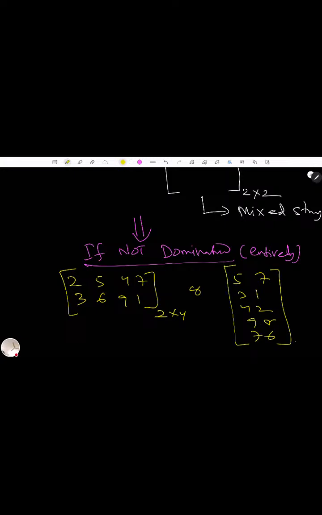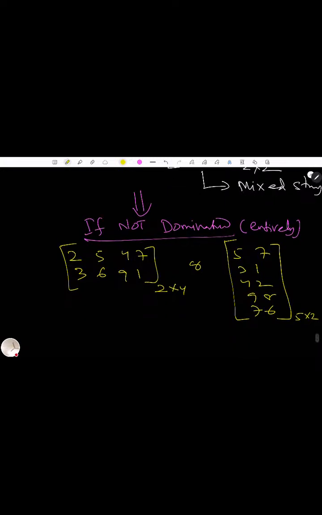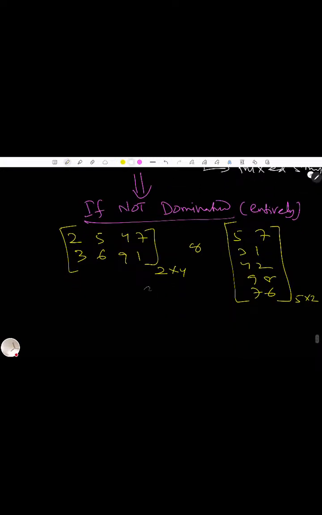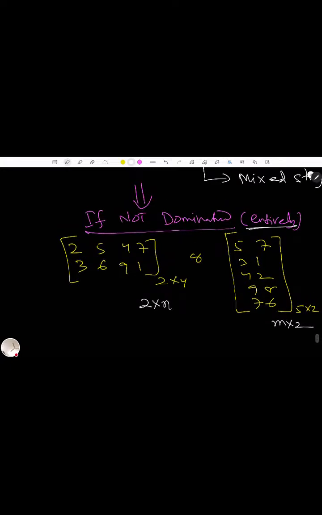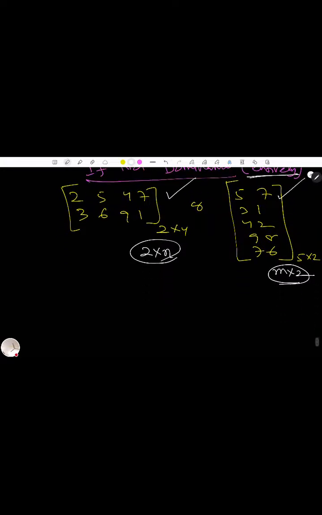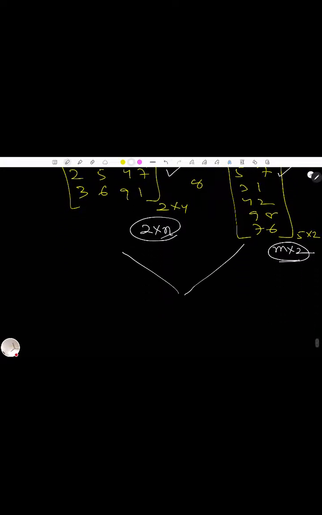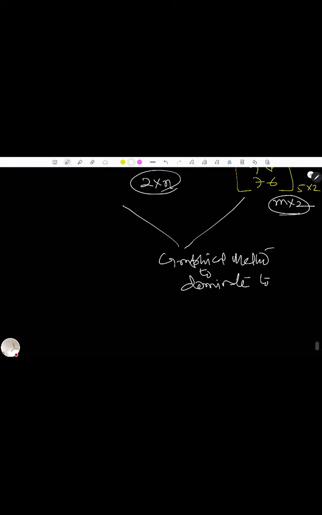So that means in general I can say this is a 2 cross n matrix or an m cross 2 matrix. It is not entirely dominated, however it is reduced and we reach this type of matrix. Then here we adopt the graphical method to reduce it to a 2 cross 2 matrix.